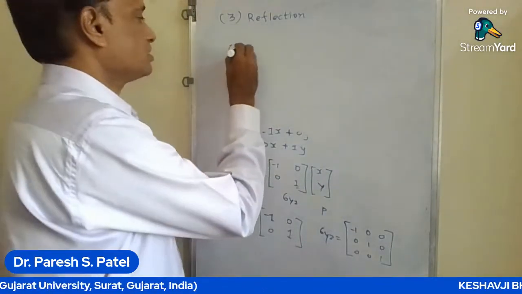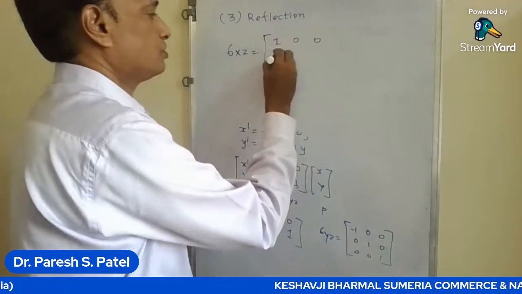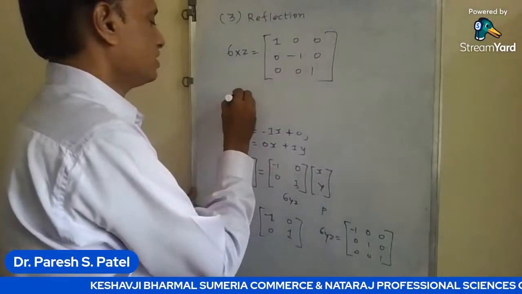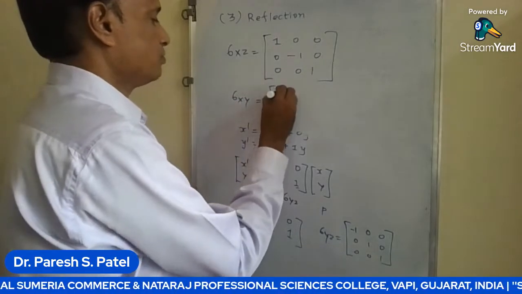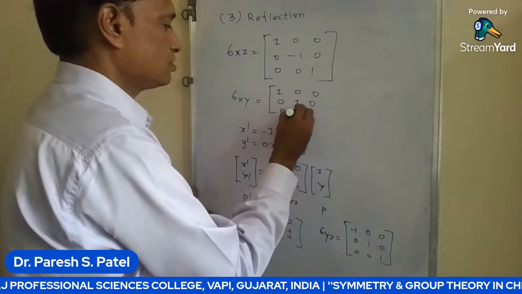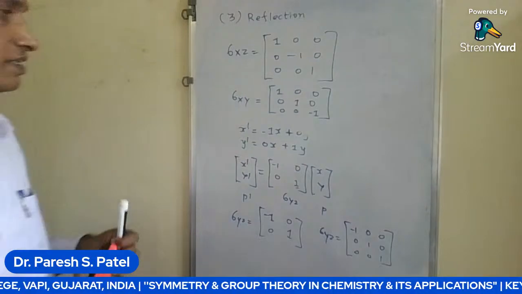Similarly, sigma xz is equal to 1, 0, 0, 0, minus 1, 0, 0, 0, 1. And sigma xy is equal to 1, 0, 0, 0, 1, 0, 0, 0, minus 1. So this is the matrix representation for sigma xy.